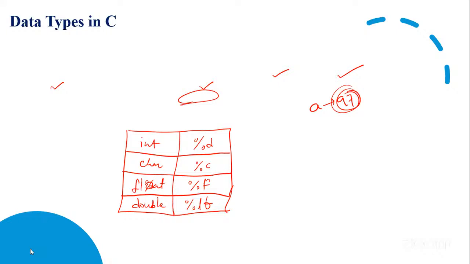And these are the topics, variables and data types, and we will discuss about operators in C. I'll discuss briefly as we have very less time. Then in the upcoming class, we will discuss in detail about operators. Operators is very, very important one.